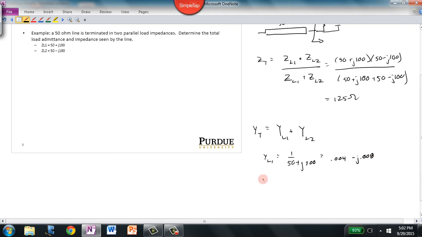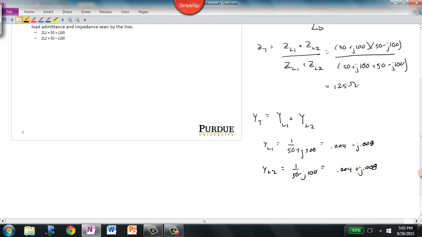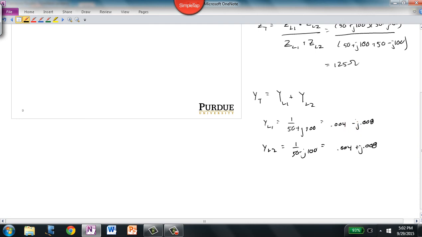And YL2 is equal to 1 over 50 minus j100, and that gives us 0.004 plus j0.008. So we see in both these cases the sign of the admittance is opposite that of the reactance, on the susceptance portion of it at least.